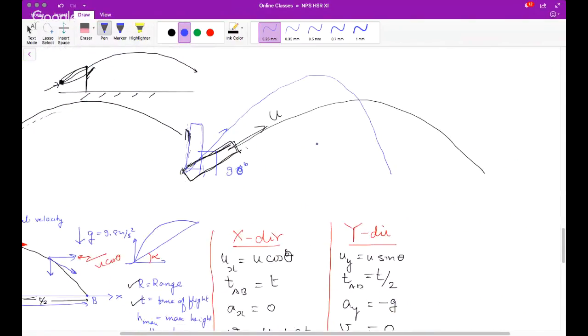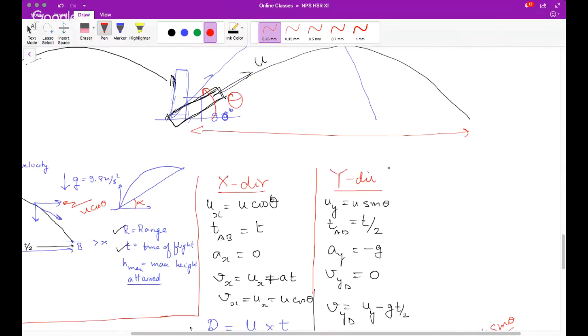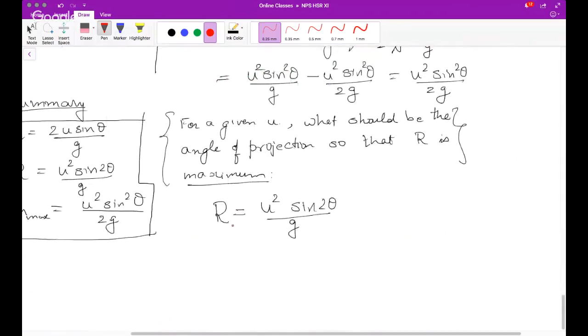The question here is, what should be the optimal value of this theta, the angle of projection, so that without changing anything, I get the maximum range? So let's analyze this. R is equal to u square sine 2 theta upon g. You really cannot touch u; it depends on the design parameters, and there's a point beyond which you cannot change it.